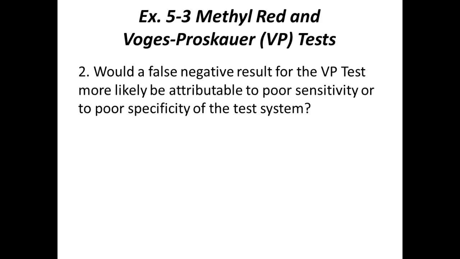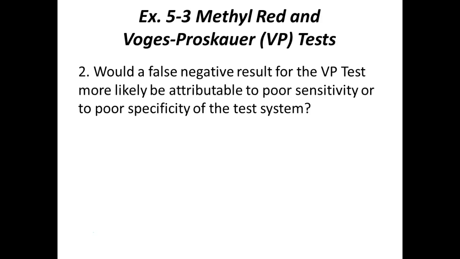Would a false negative result for the VP test be attributed to poor sensitivity or poor specificity of the system? Remember we talked about these kind of complications you can run into when you're testing things? So if it's negative, it didn't change color, right? So are we dealing with a specificity issue here? Are we being specific for what we're testing for? Yeah.